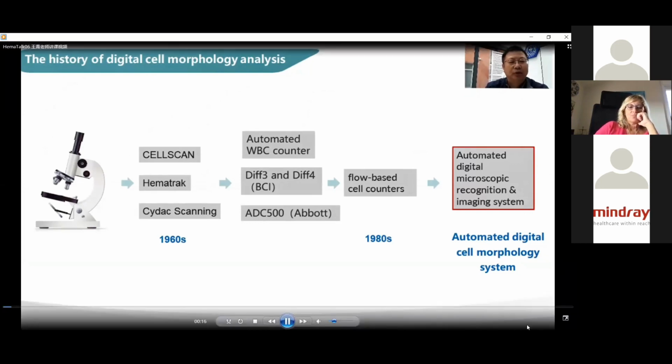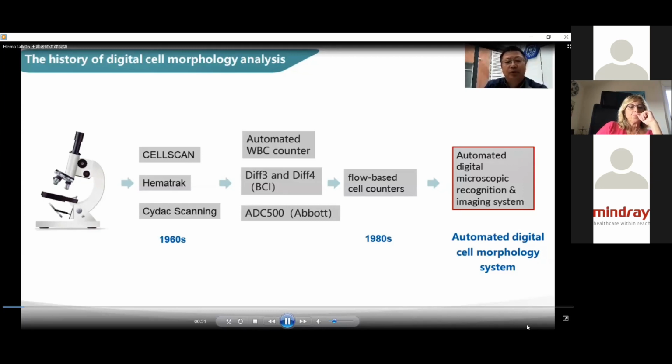We all know that in the 1960s, we already started to see CellScan, HemaTalk, and Cytodoc scanning instruments, including the automatic WBC counter and the Coulter DIF3 and DIF4, as well as the ADC 500 produced by Abbott. And later, we started to see the flow-based cell counter in the 1980s.